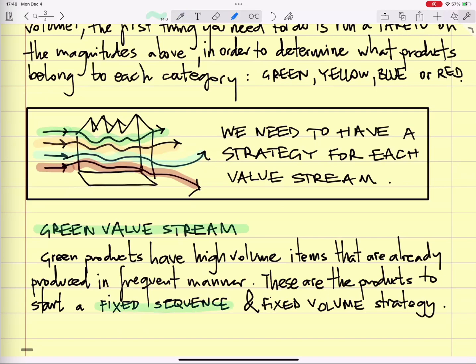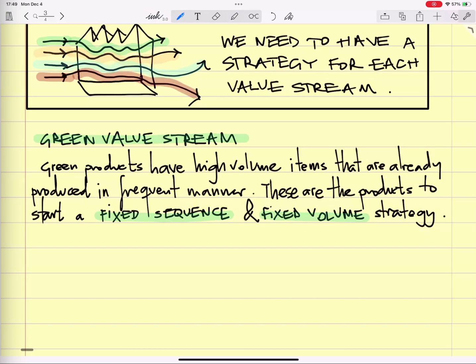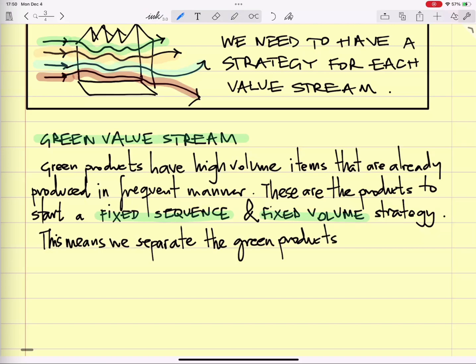Fixed sequence, fixed volume. What does it mean? This means we separate the green products and reserve a certain amount of time to manufacture them.